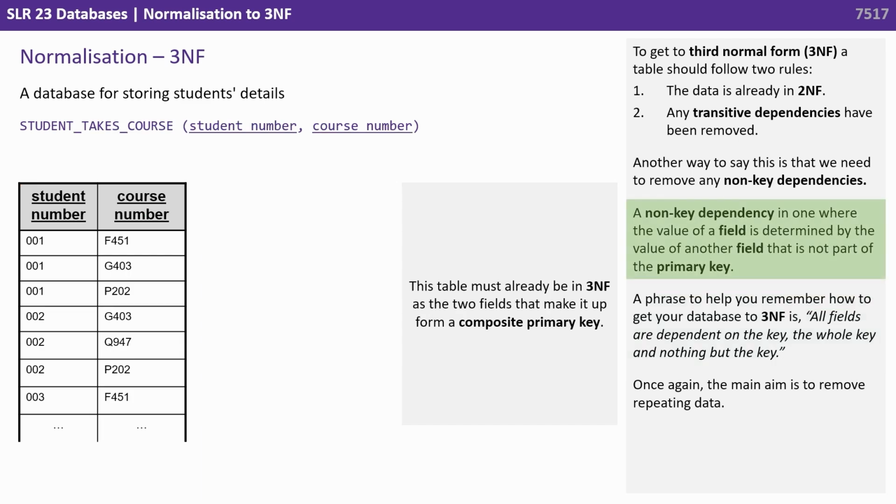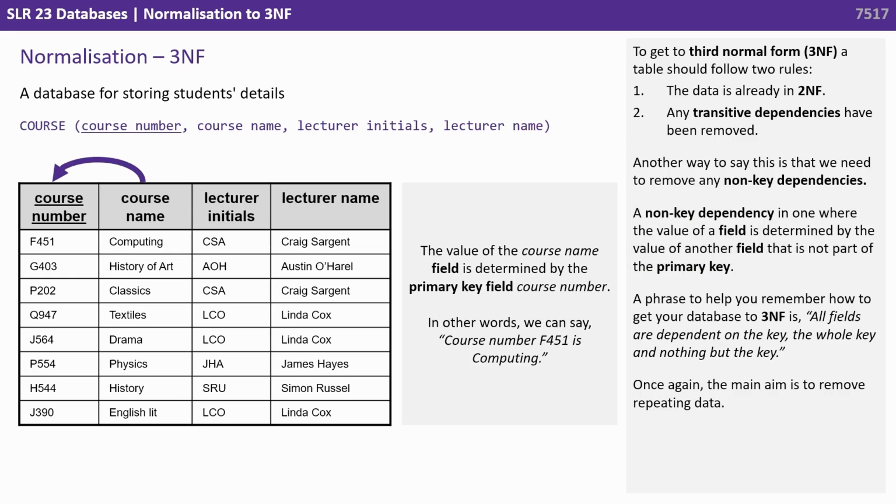Now this linking table in the middle must already be in third normal form, as the 2 fields that make it up form a composite primary key and there are no additional fields. So let's look at the last table, course. The value of the course name field is determined by the primary key field course number. In other words, we can say course number F451 is computing.